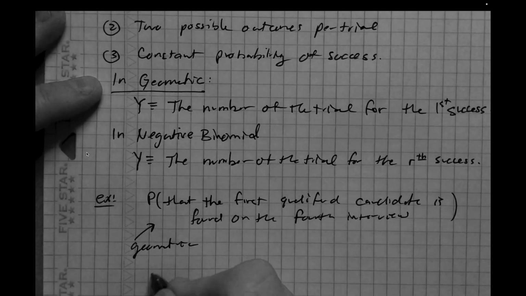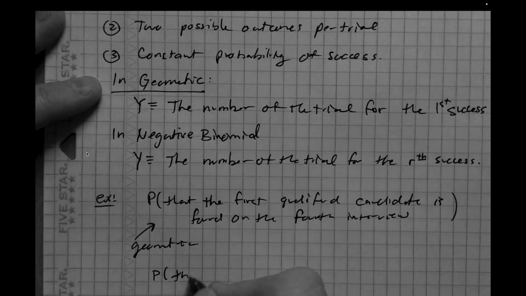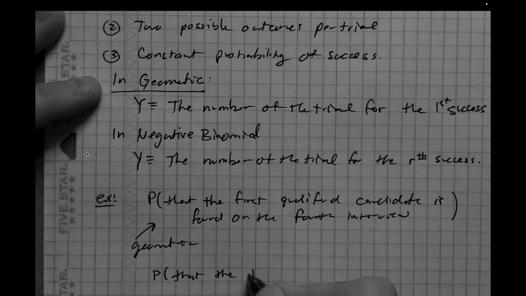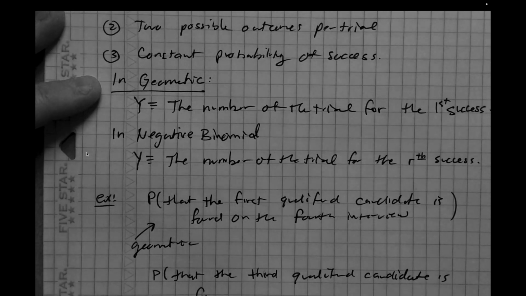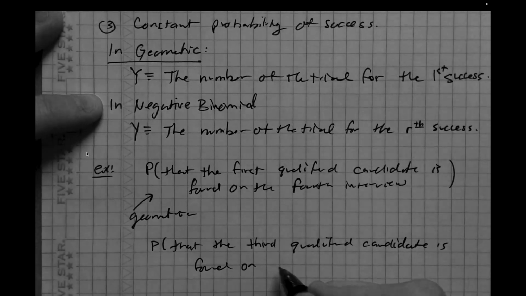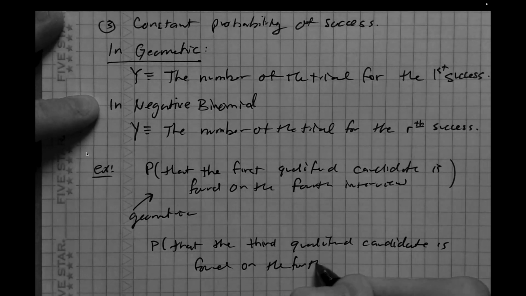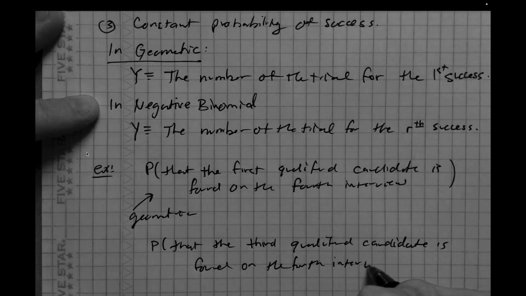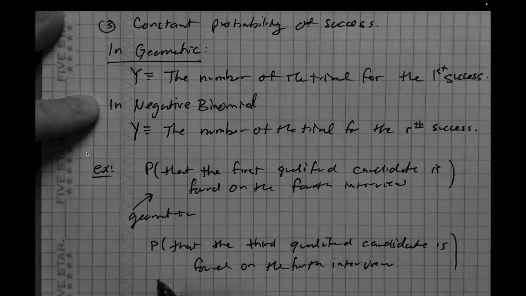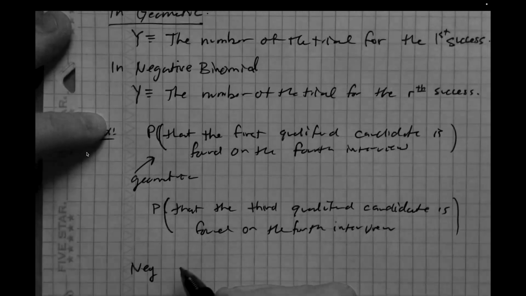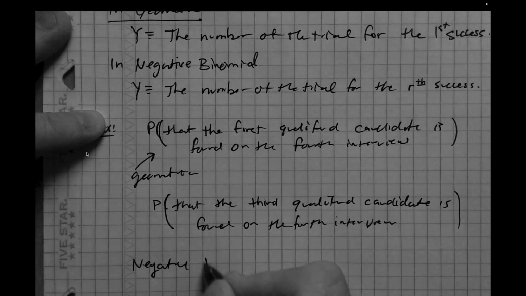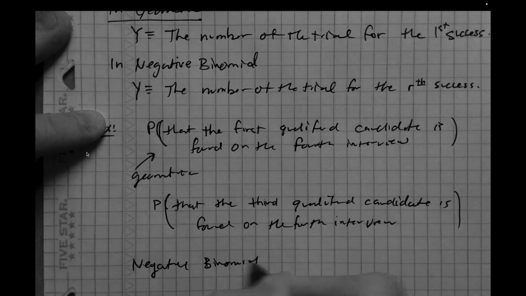But if I said instead, find the probability that the third qualified candidate is found on the fourth interview, this is negative binomial.